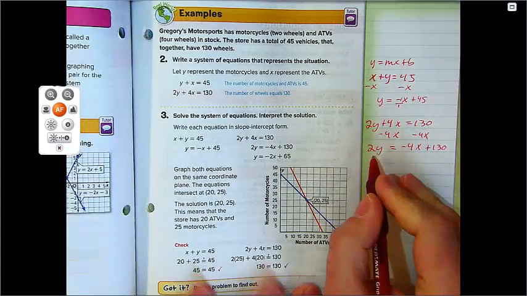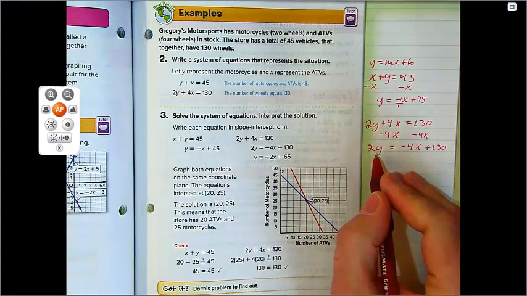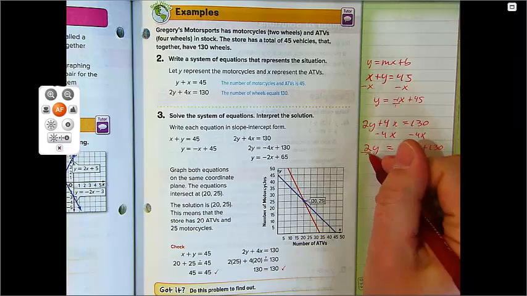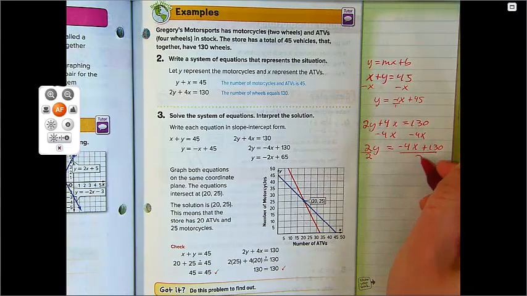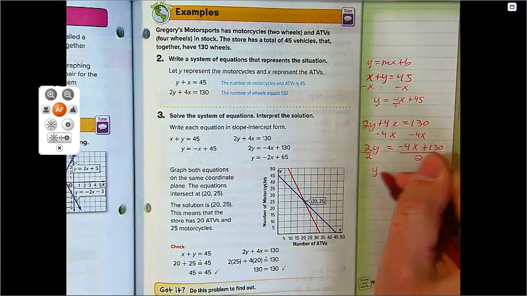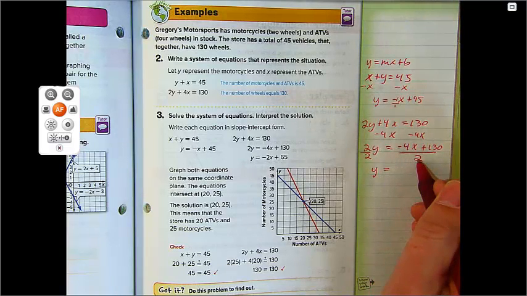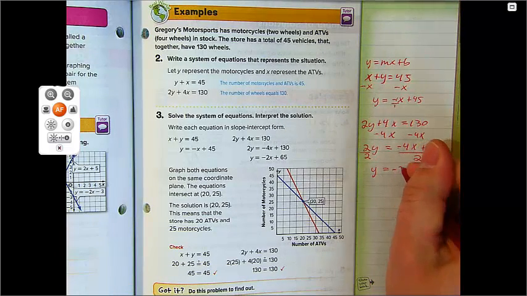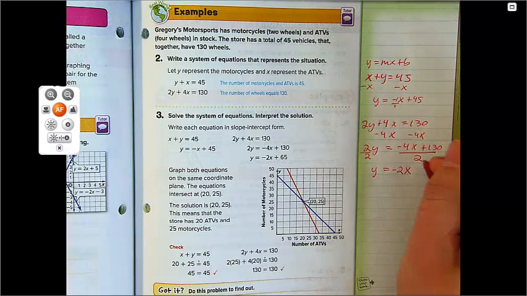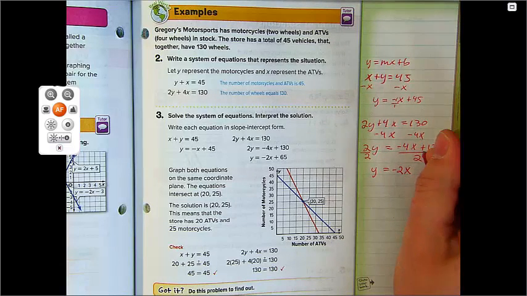Now my problem is that it is 2y. How do I get y by itself? I divide by 2, so that whole thing gets divided by 2. So I have y equals negative 4 divided by 2, which gives us negative 2x. Then we also take the 130 and divide by 2, which gives us positive 65.